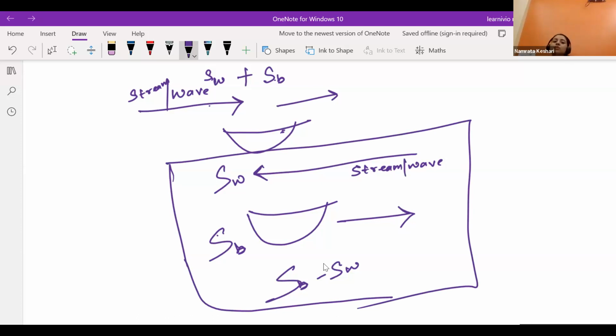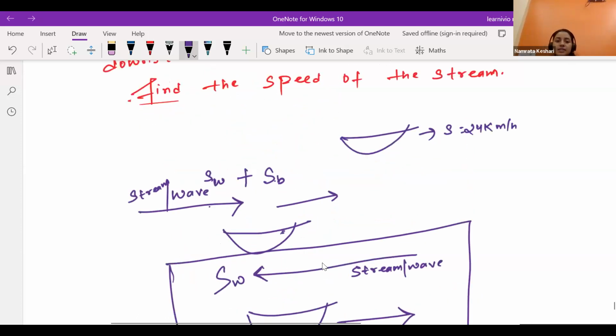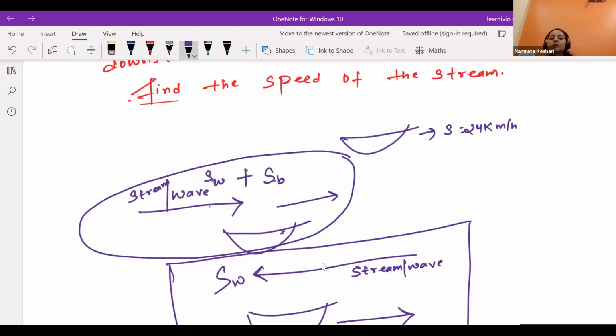When it has to apply less effort, when it is going in the direction of the stream, this is called downstream. We will not always say in the direction of the stream. There is a terminology for this particular case, and that's called downstream.